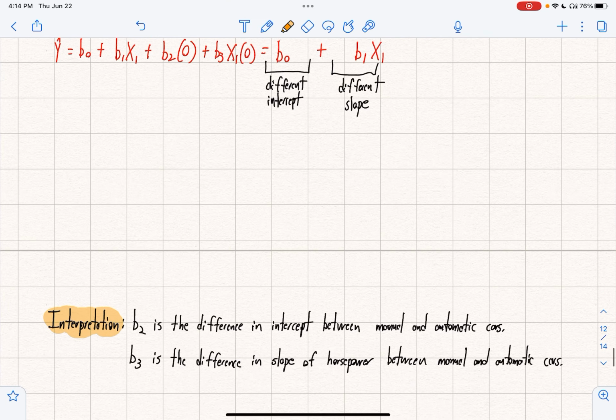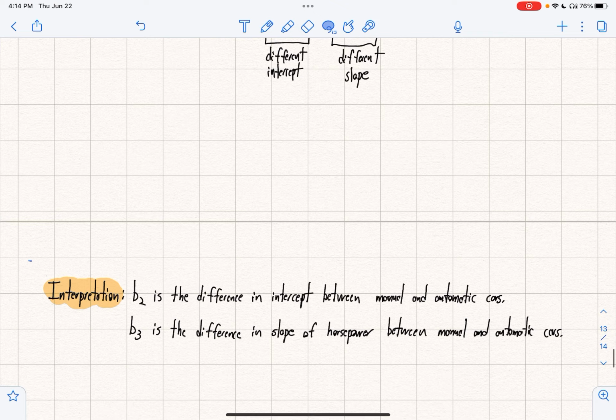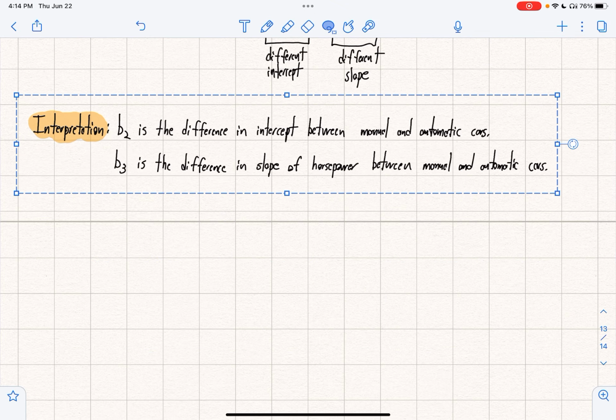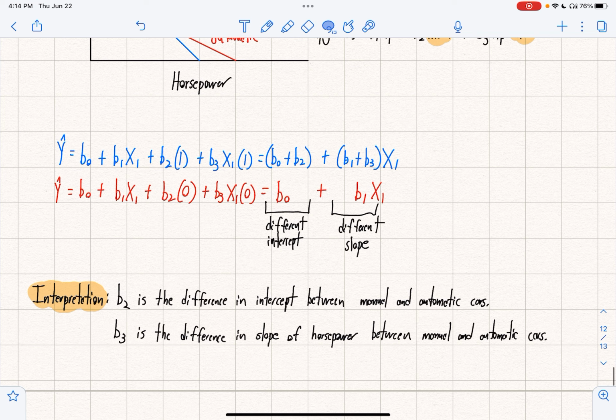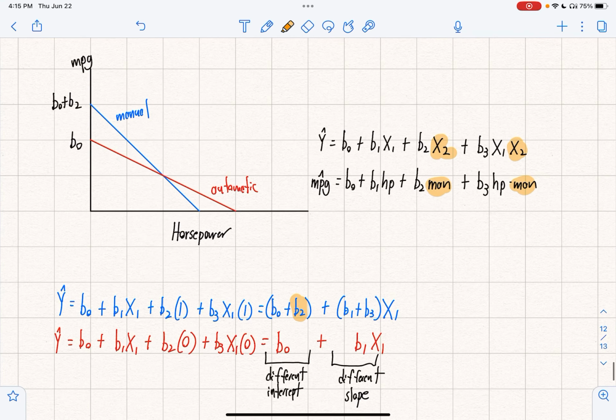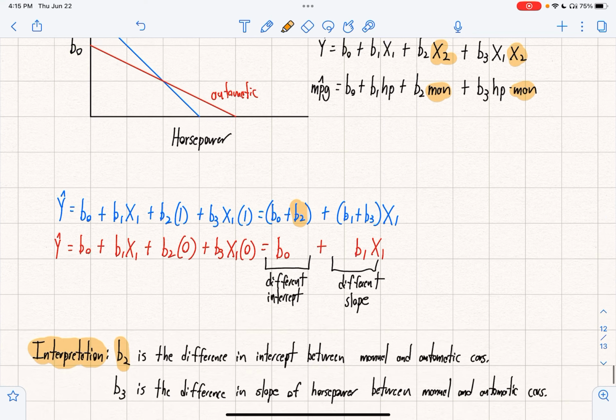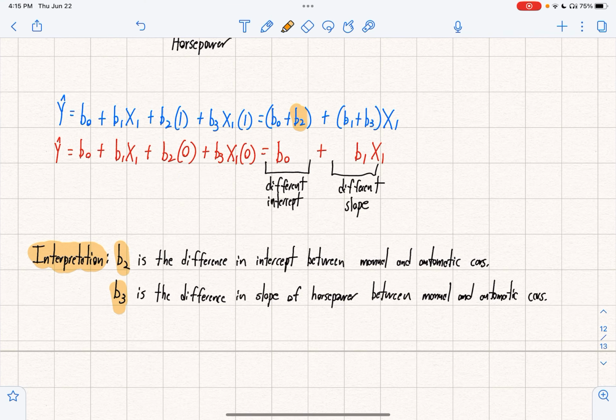If we think about the interpretation, let's look at b2. b2 is the difference in intercept between manual and automatic cars. That was the same as in our prior example. b2 is just the difference in our y-intercepts. But now b3, the new interaction term, is the difference in slope of horsepower between manual and automatic cars.